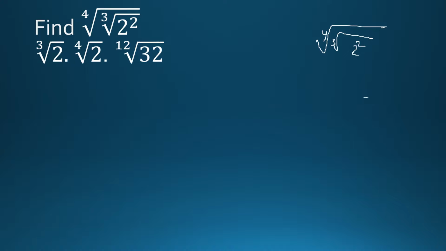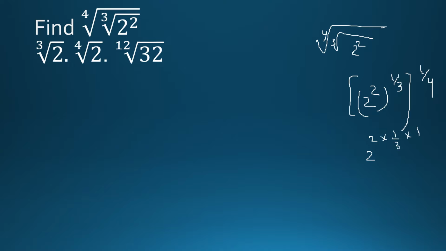And we know that this is our base 2 square because it is having third root, so it will become 1 by 3. Then outside it we have fourth root, so 1 by 4. Okay, now we know that power raised to power will be multiplied. 2 ones are 2, 2 twos are 4, so we are left with 2 raised to power 1 by 6. 3 twos are 6. So this is sixth root of 2.